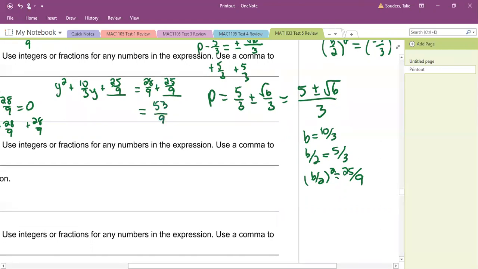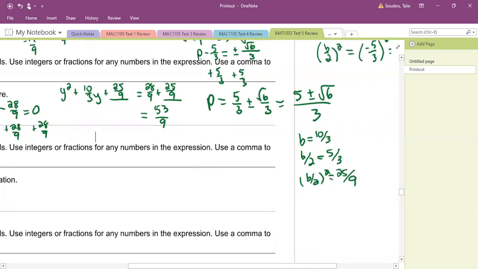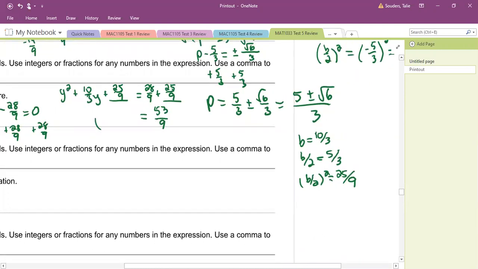And then on the left side, how does that factor as something squared? y plus 5 over 3. Good. Always use the number you got when you divide it by 2.